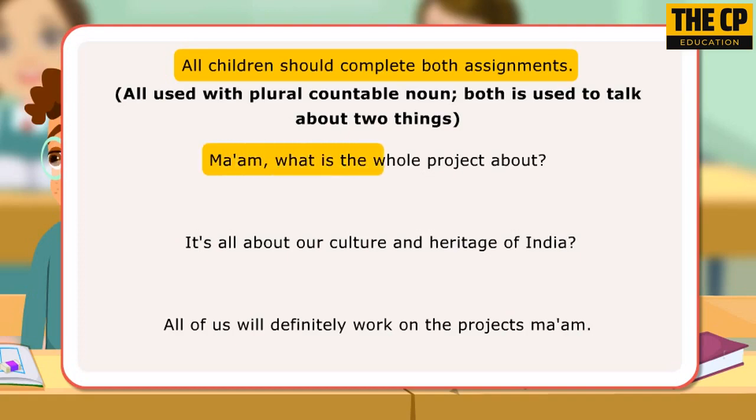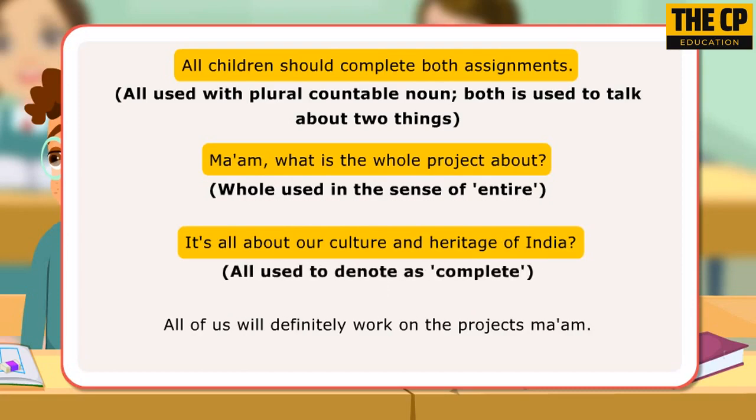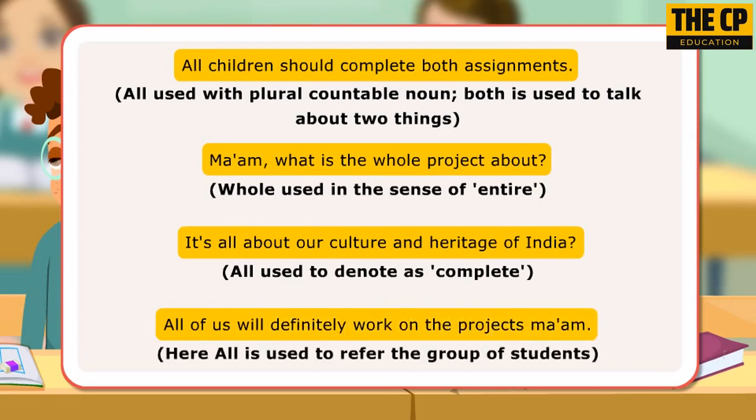Ma'am, what is the whole project about? Whole is used in the sense of entire. It's all about our culture and heritage of India. All is used to denote complete. All of us will definitely work on the projects, ma'am. Here, all is used to refer to the group of students.